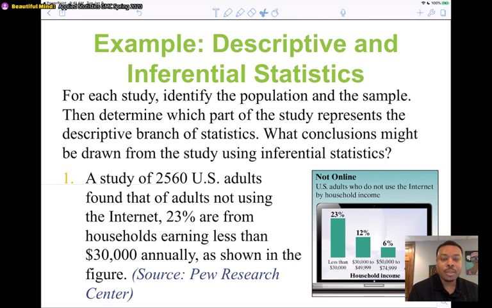So the population should be all U.S. adults. The sample should be the 2560 U.S. adults that were surveyed. And then the statistic is that 23% are from a household earning less than $30,000.